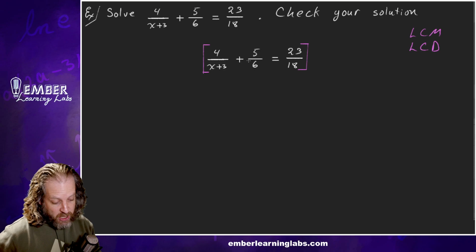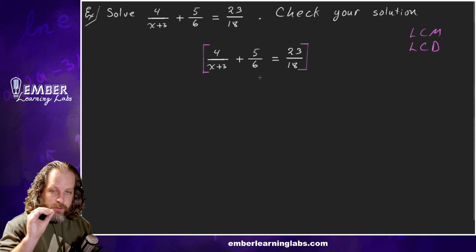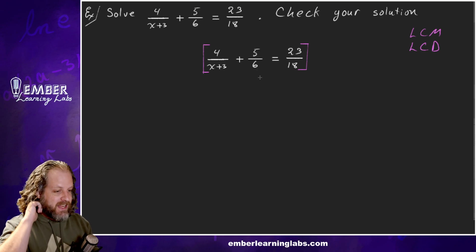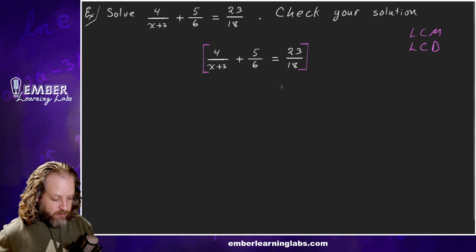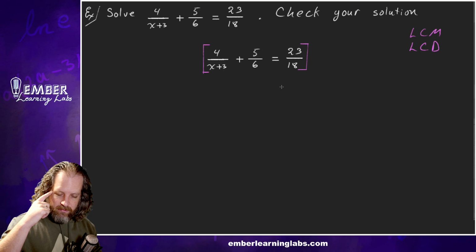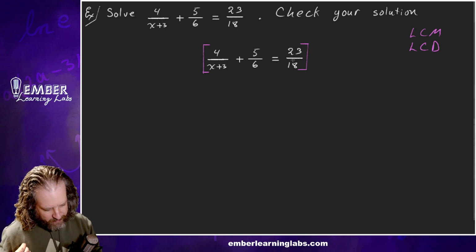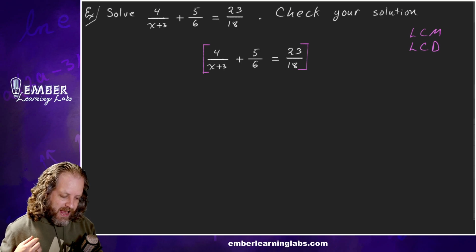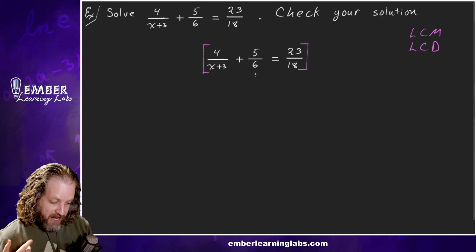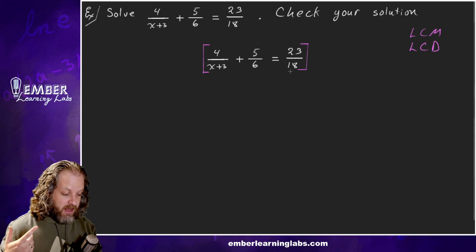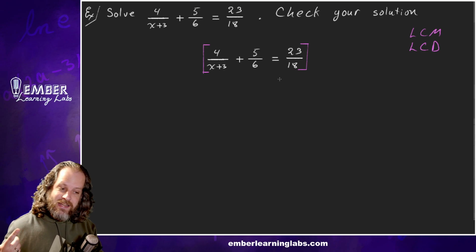But anyway, when we look at 6 and 18, what is the least common multiple between 6 and 18? A tip here: I like to look at whatever the biggest number is and think, can I multiply the smaller number times something to get the bigger number? I can, because 6 times 3 is 18, right?